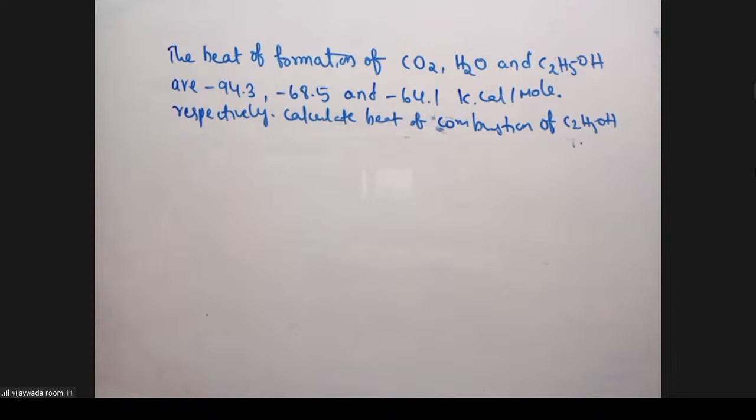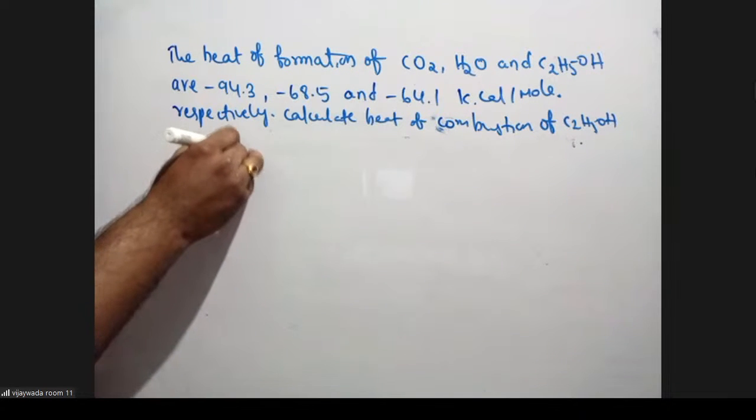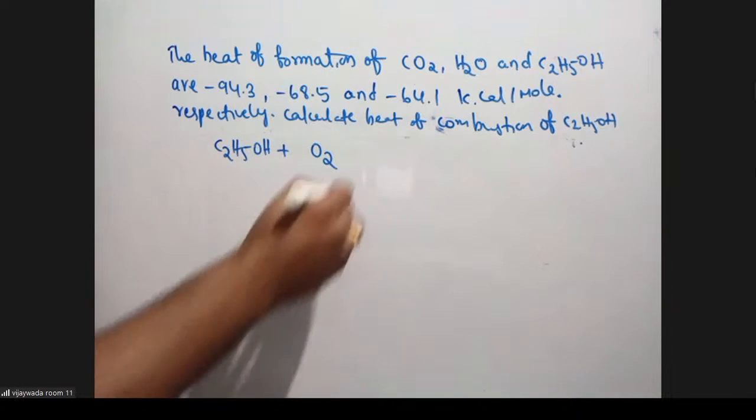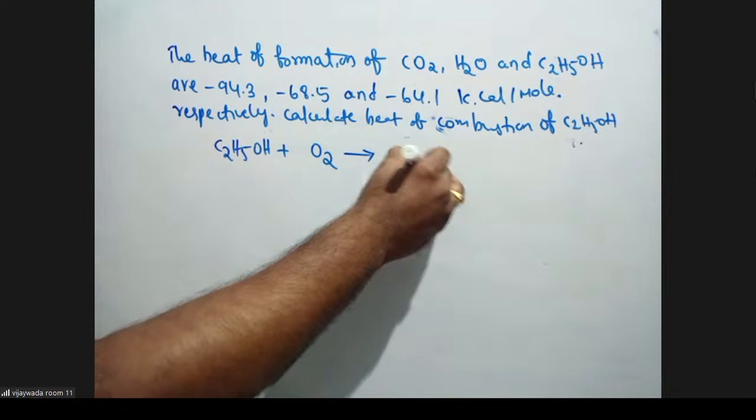Yuvate is wrong answer. Okay. Students, first of all, we have to write the heat of combustion of ethyl alcohol equation. C2H5OH plus oxygen gives rise to carbon dioxide plus H2O.